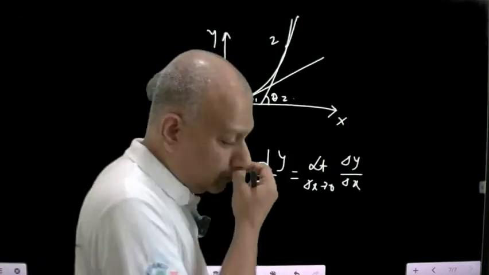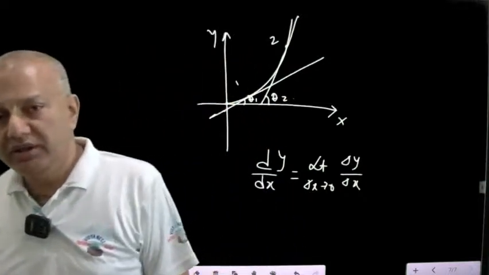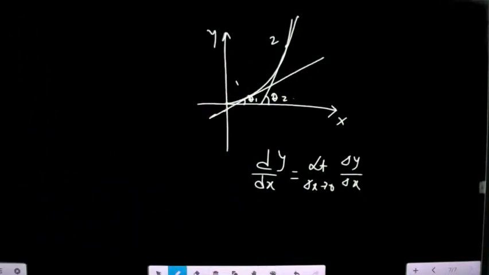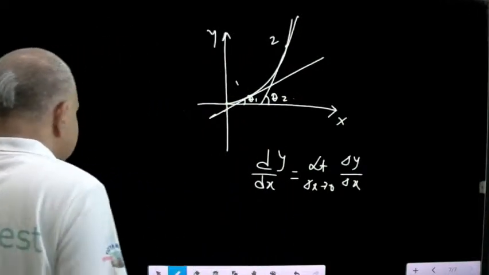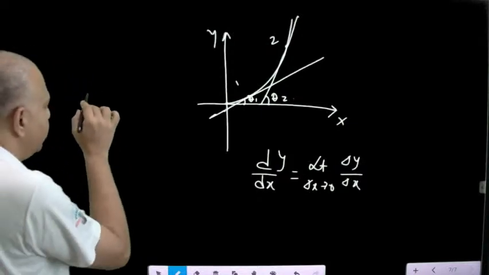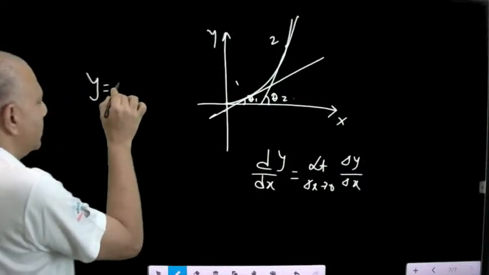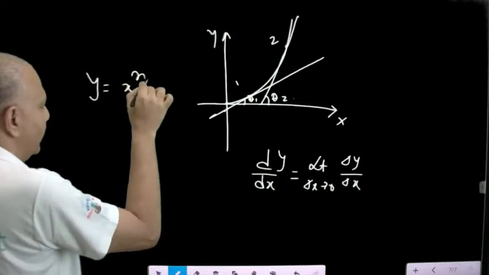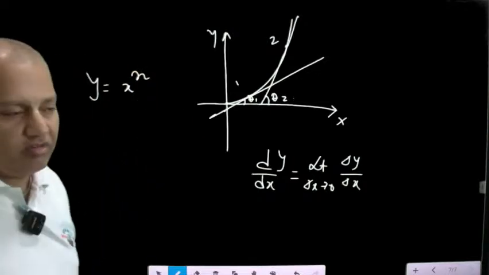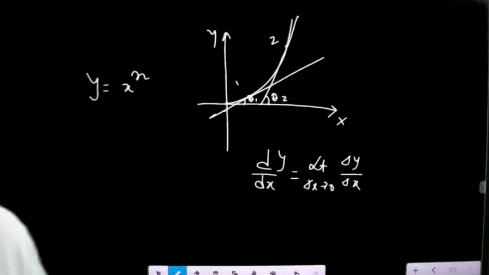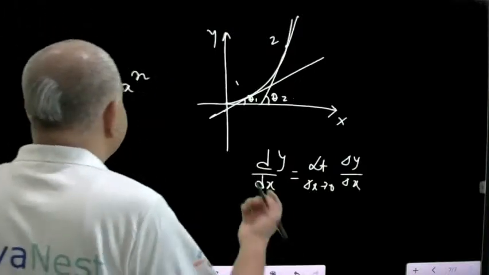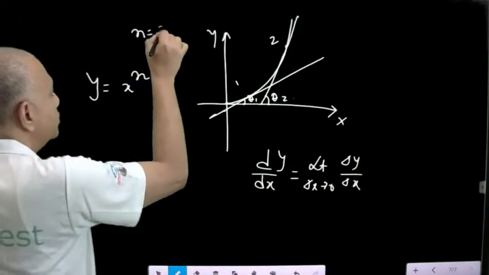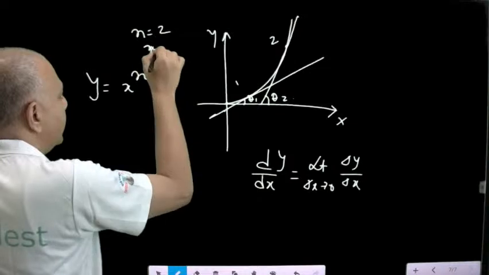Now for finding the differentiation, we have a simple formula. Just like see, if y is a function of x to the power n, y is x to the power n, where n can have any value, n can be 2, n can be 5.